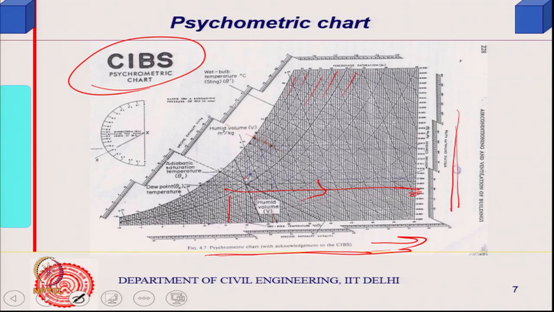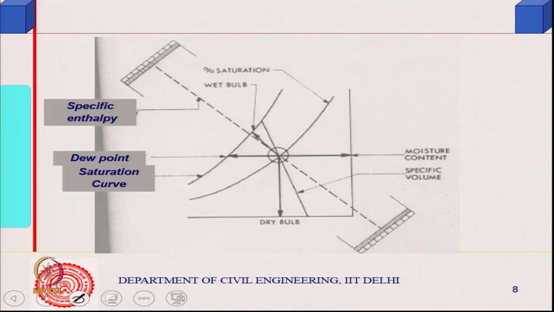And if I keep the temperature the same and increase the moisture content, this can be expressed as a vertical line. Several such processes can be expressed in the psychrometric chart. So, let us see how we do it.